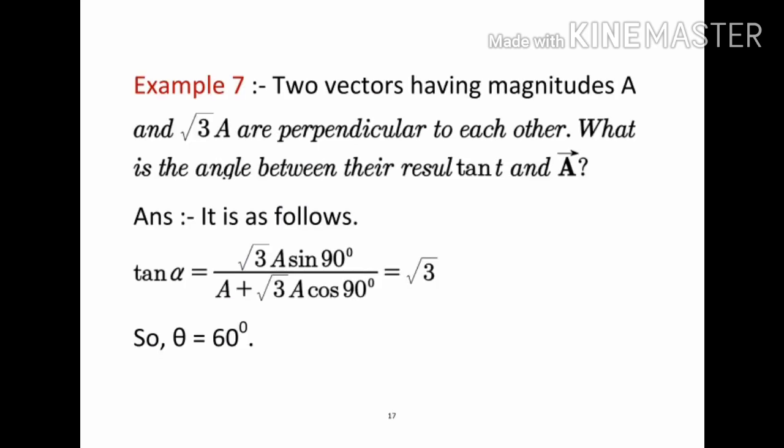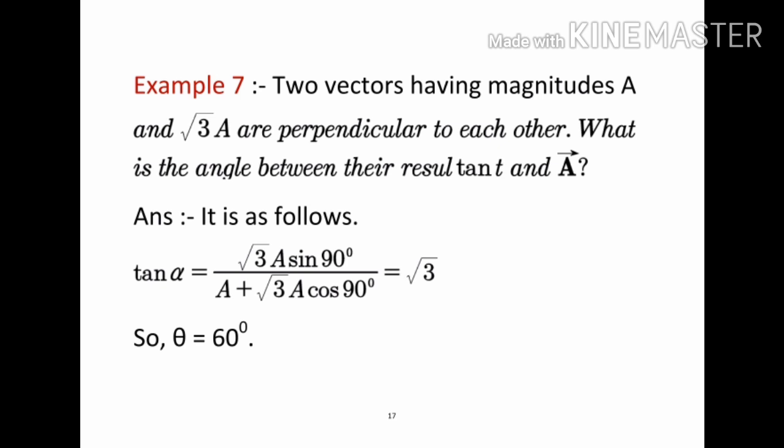Next one, another example. Two vectors having magnitudes a and root 3a are perpendicular to each other. What is the angle between their resultant and a bar? So in this case, the given vectors are a and root 3a. First, we can find tan alpha.